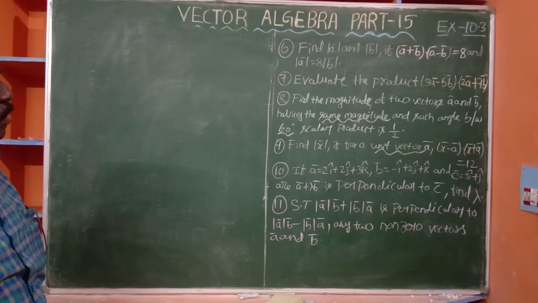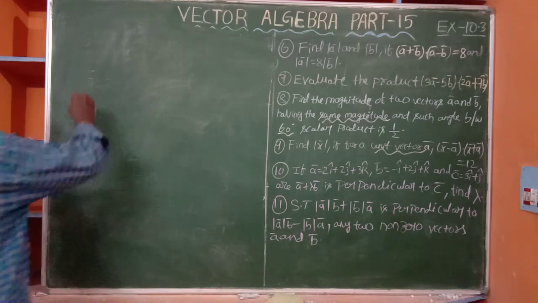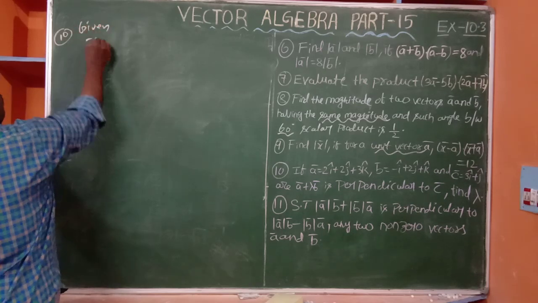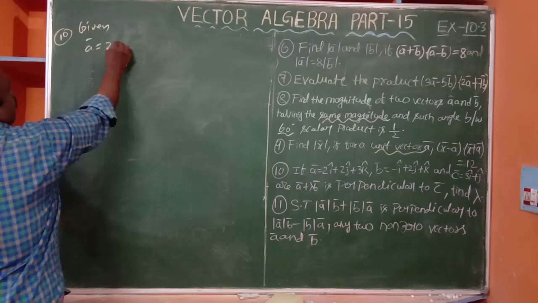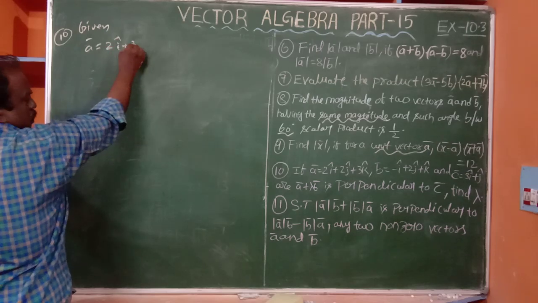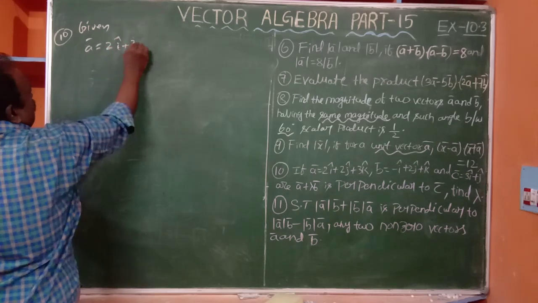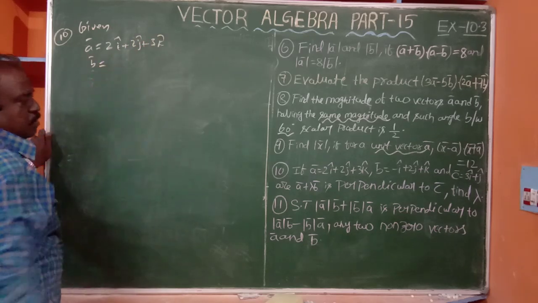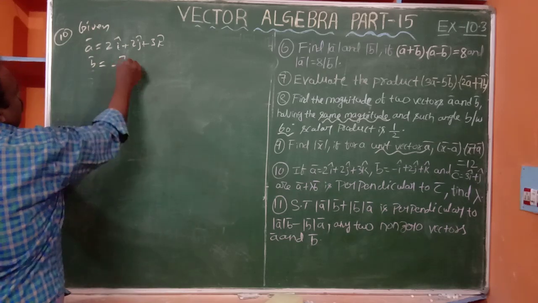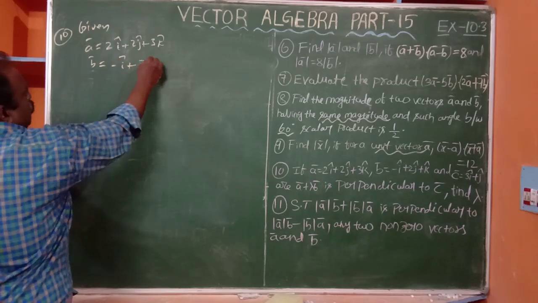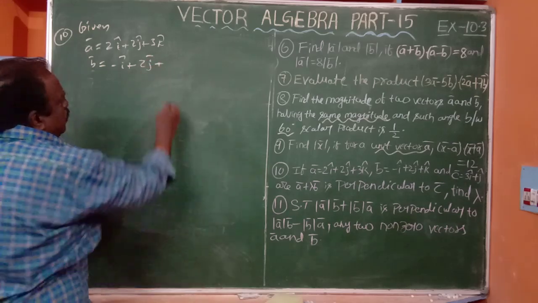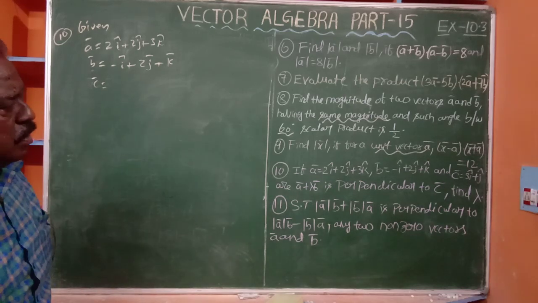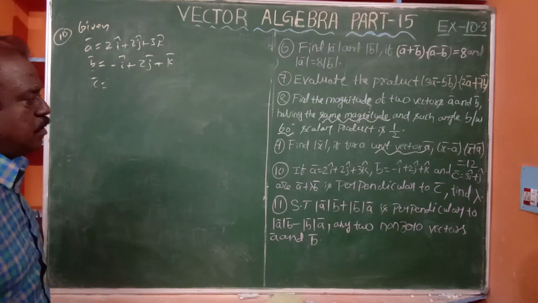We are given a bar is equal to i plus 2j plus 3k, b bar is equal to minus i plus 2j plus k, and c bar is equal to 3i plus j.